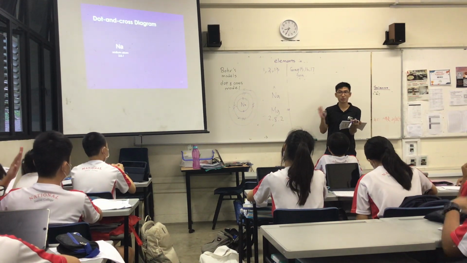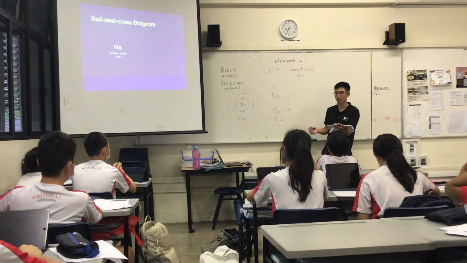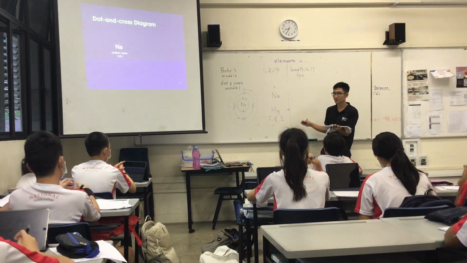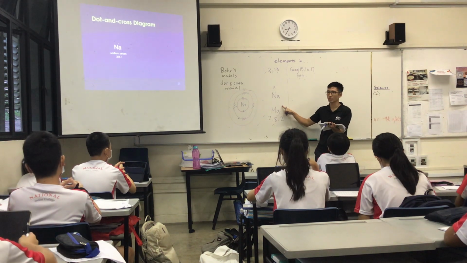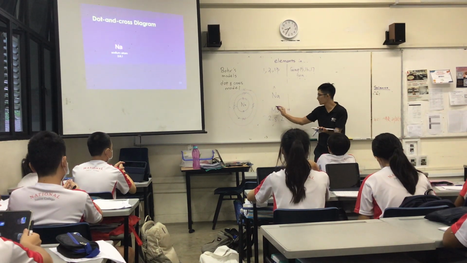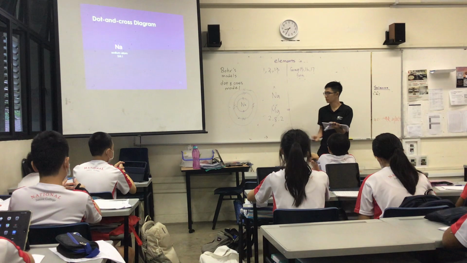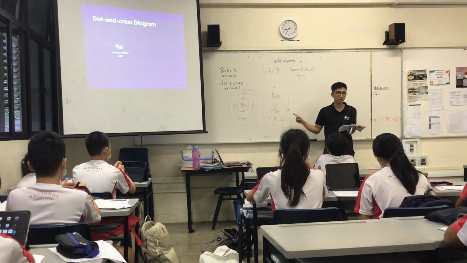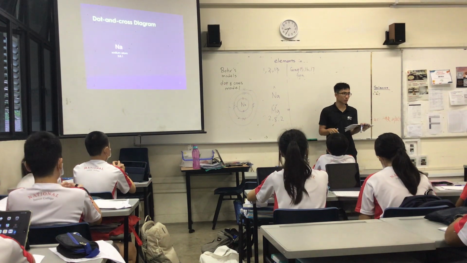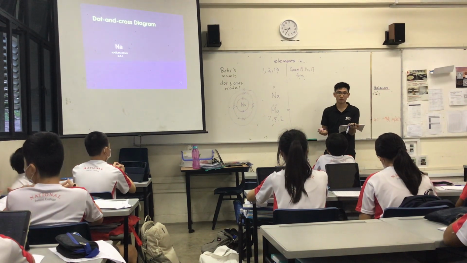Now we just focus on outermost shell. It gets simpler and simpler. So Joe, how many should I draw for magnesium? Just 2, right? So very simple. 1, 2. That's all. We ignore now even drawing a circle. We ignore the innermost shells. We just focus on the outermost shell.